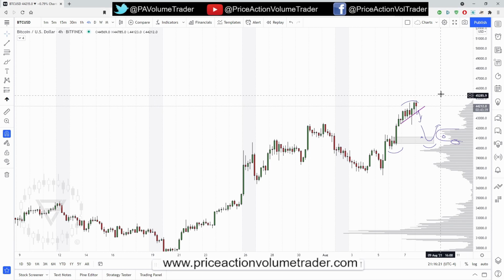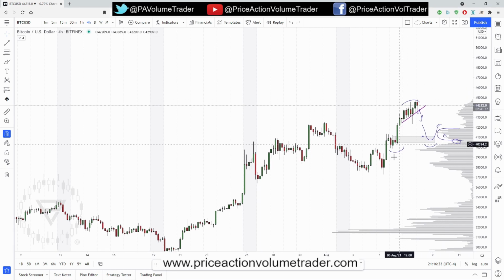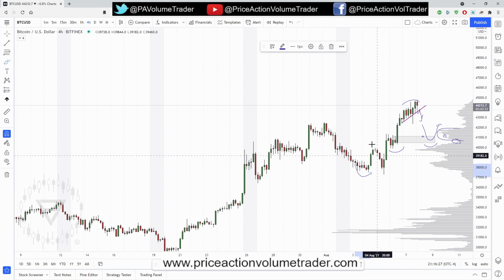If we zoom out into a 4-hour time frame, you can see we got low, high, higher low, higher high, higher low, higher high. So now we can pull back into the fill of the gap and use this as our entry, and this would be where we can expect a higher low.